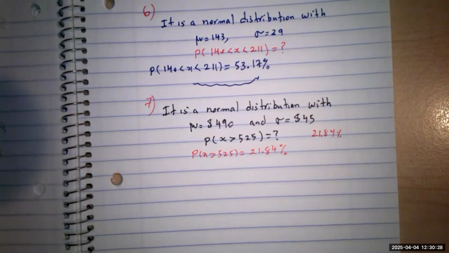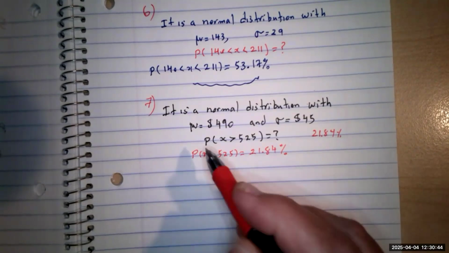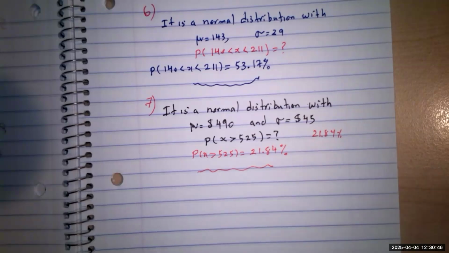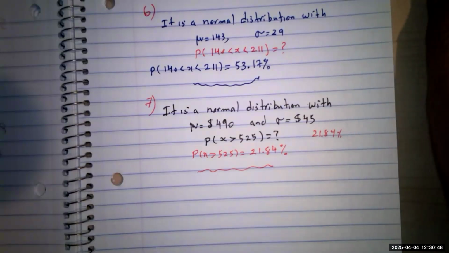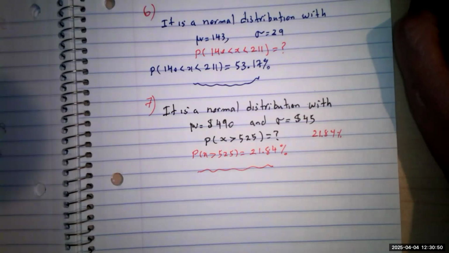So if you pick one teacher randomly, there is a 22% chance that the teacher earns $525 per week. So this is kind of a second case. And I'll give another one so that you know how to do it for the next one.